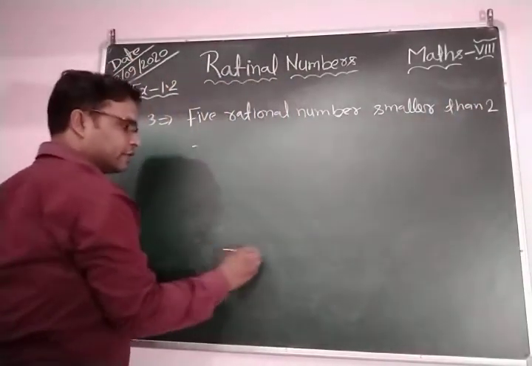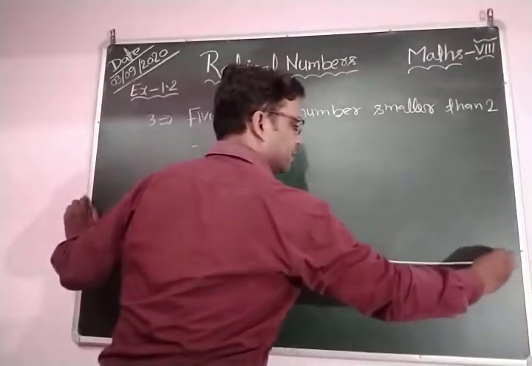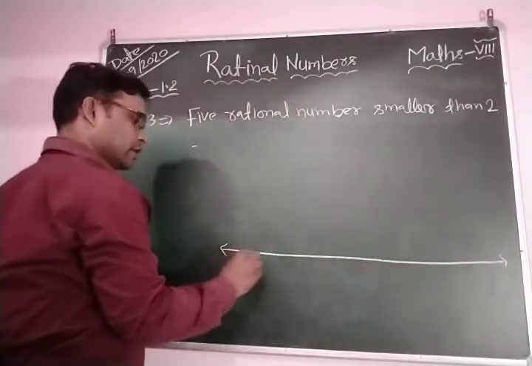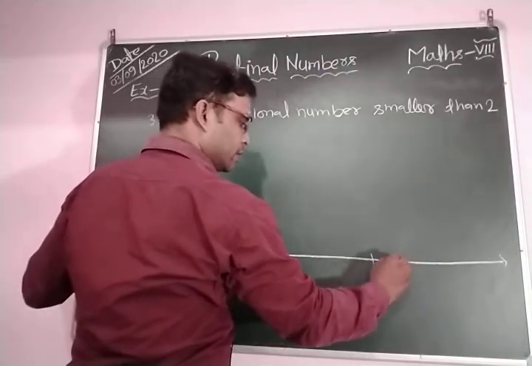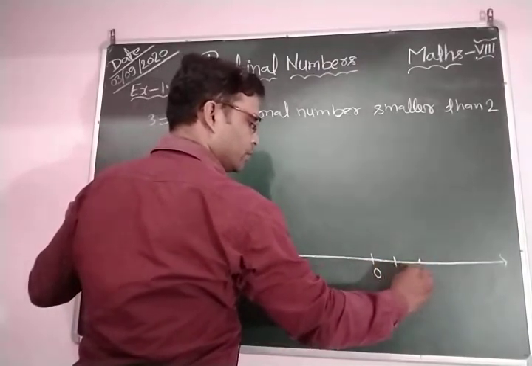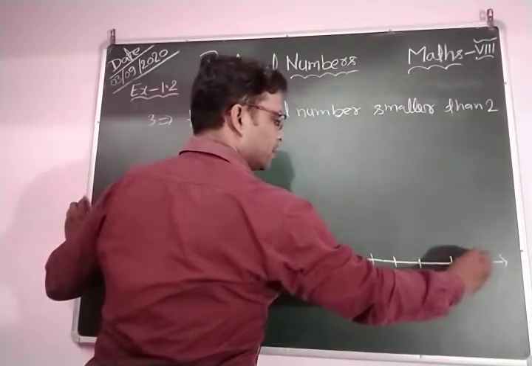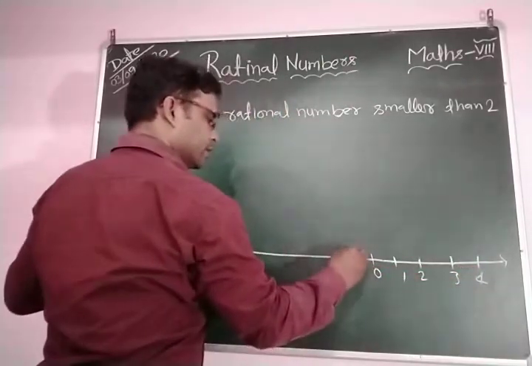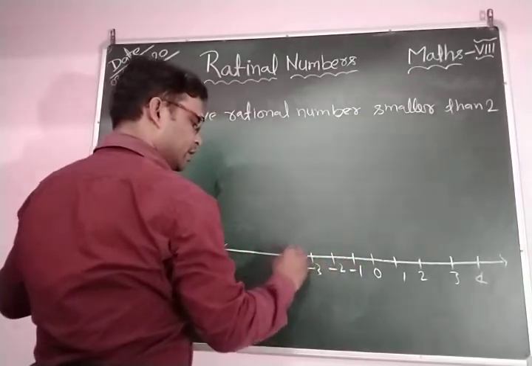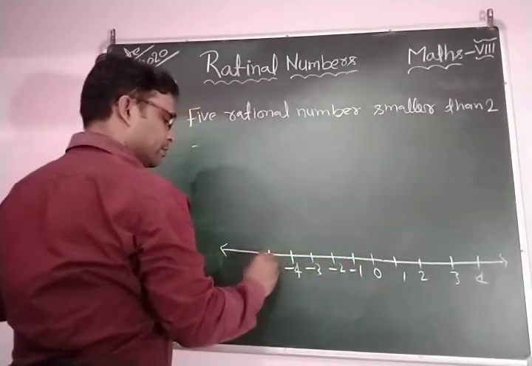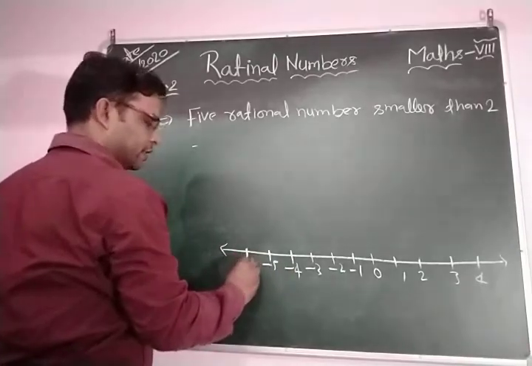You can see here, this is a number line. Here you can take 0, here 1, this is 2, this is 3, this is 4, this is minus 1, this is minus 2, this is minus 3, this is minus 4, this is minus 5, this is minus 6.